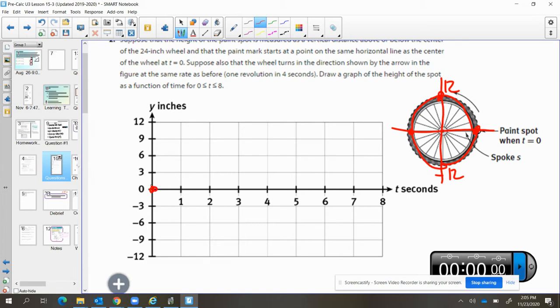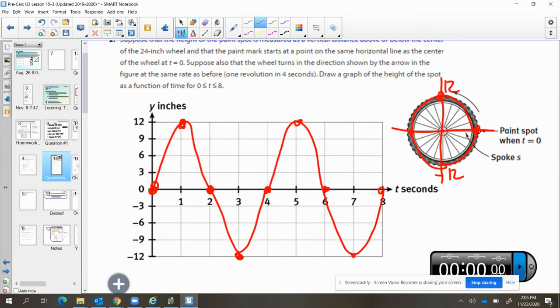So at time 0, she's here. At 1 second, she's at 12. At 2 seconds, she's back to 0. At 3 seconds, -12. At 4 seconds, back to 0. So we see this revolution, and because of the periodic nature of her pedaling, the graph would repeat itself, okay?